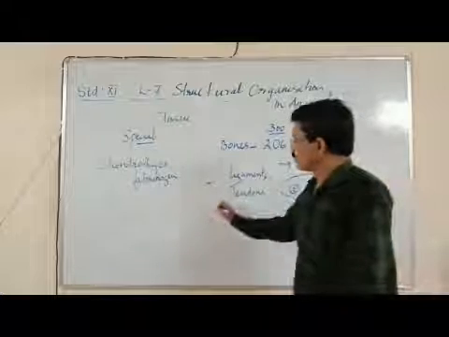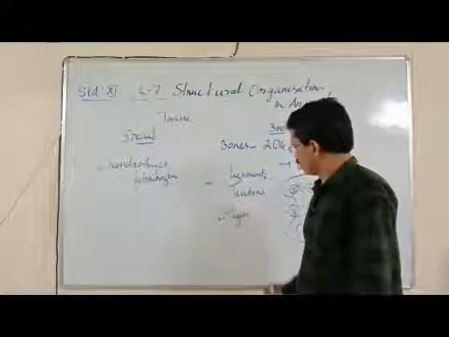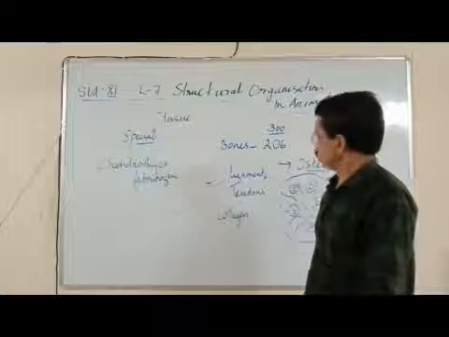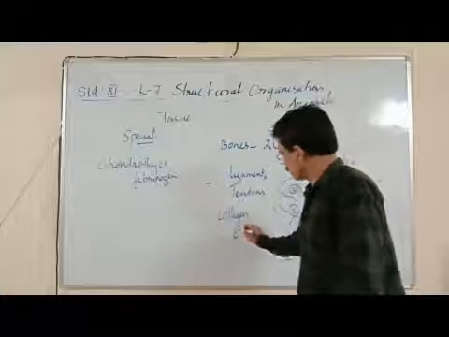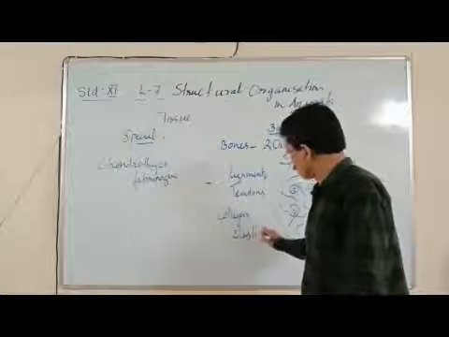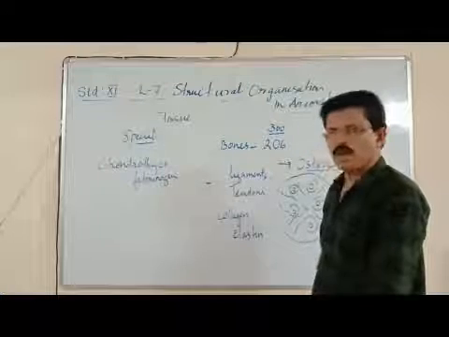Protein fibers, fibrinogen, collagen fibers. They are found everywhere in our connective tissue. Fibrinogen, collagen, elastin, all are present in our connective tissue.